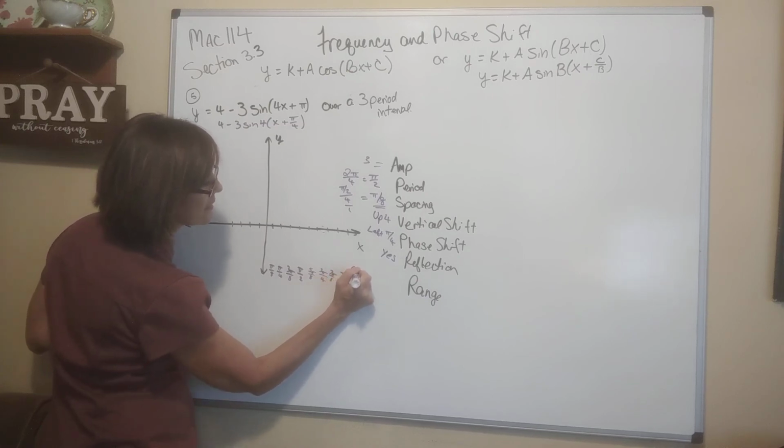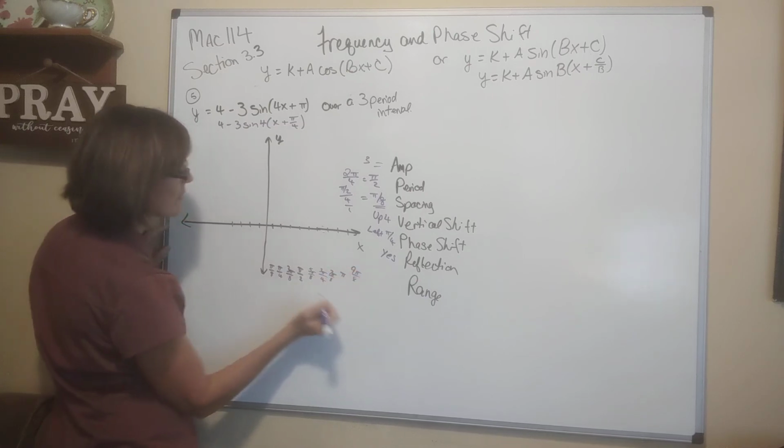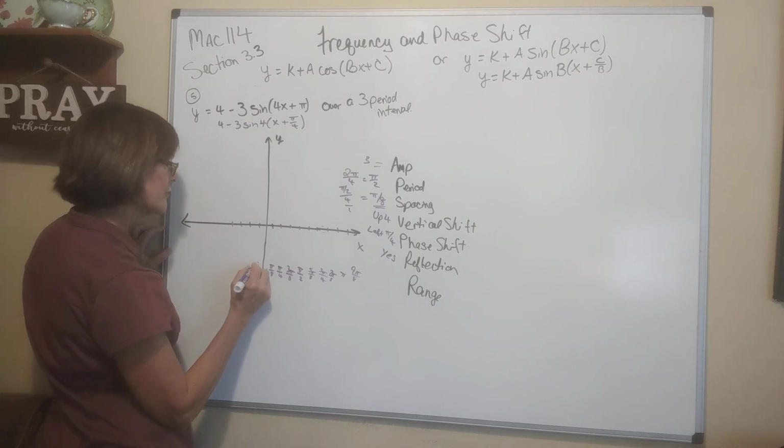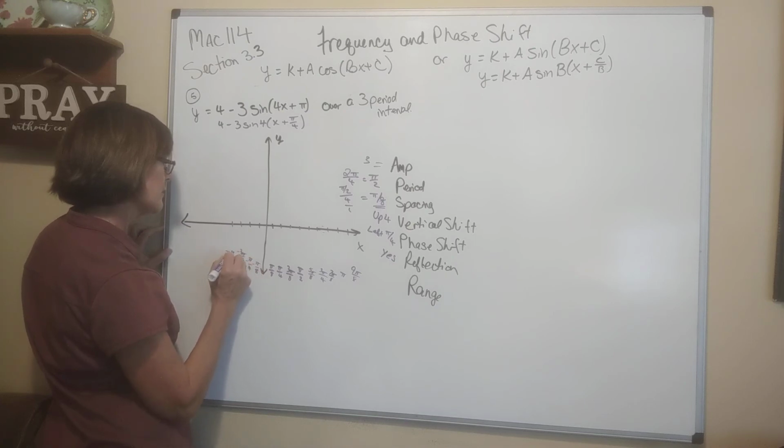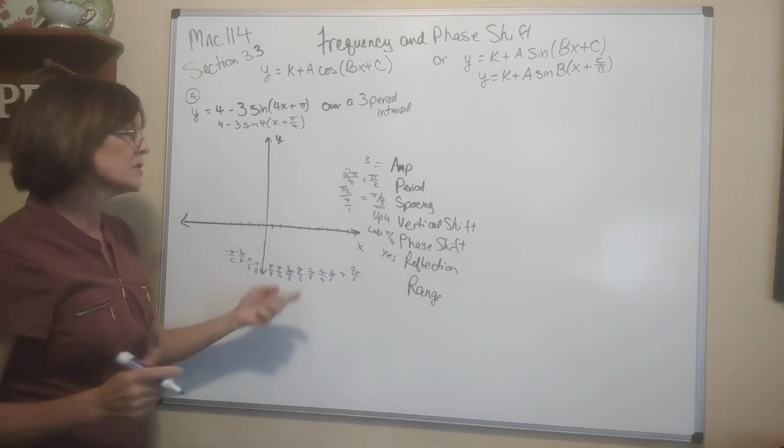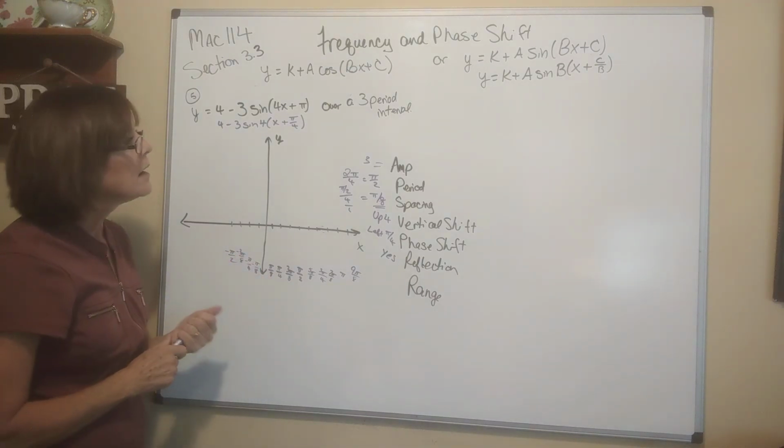This is 9 pi over 8, if I go that far. Okay, backwards: negative pi over 8, negative 2 pi over 8, or negative pi over 4, negative 3 pi over 8, or negative pi over 2. All right, that should get me 3 periods on there.